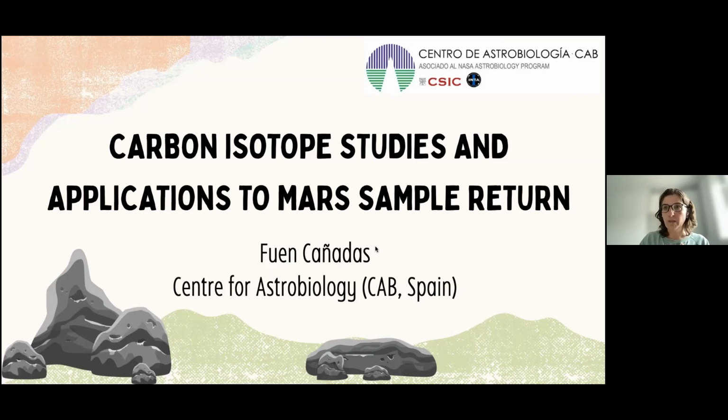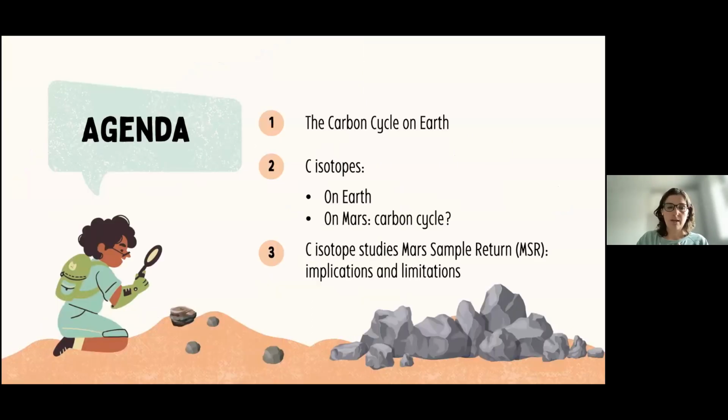So I hope that by the end of this presentation, you will have a better understanding of the importance of the carbon isotopes and the role that these isotopes have in improving our understanding of the Earth and other planets' processes. So let's start. The first question I would like to answer is, what is the carbon cycle?